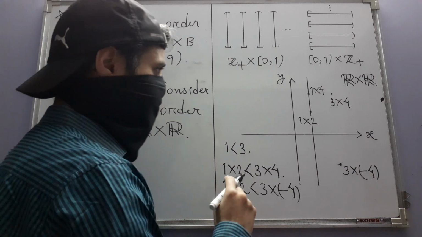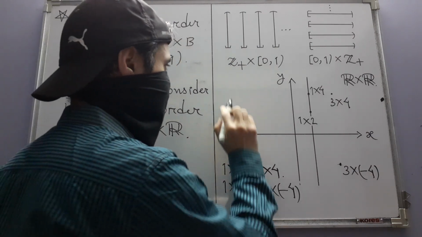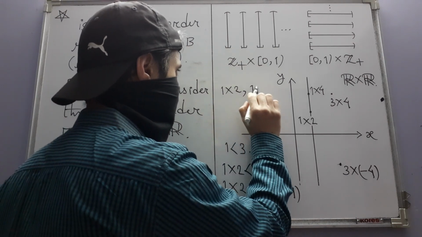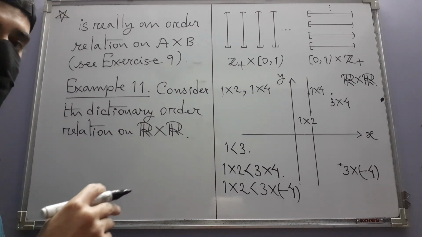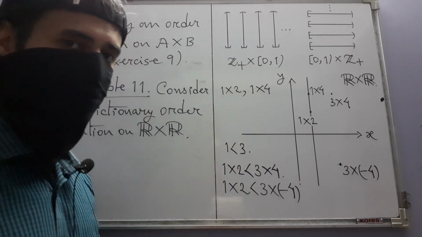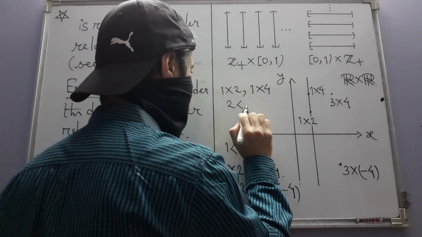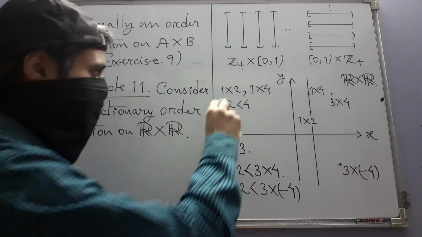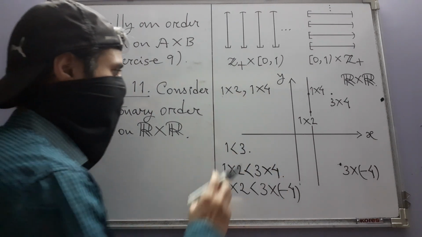In this case, you have to use that other part of the dictionary order definition, because now the points to be compared are these, and 1 is equal to 1. So you then have to look for the relation in which 2 and 4 are. Since 2 is less than 4, in fact let me write the entire thing. Then you can see the definition and match with that.